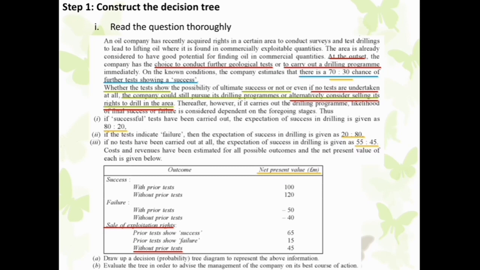So for the initial test, there is a 70-30 chance of success and failure that we have to write in the decision tree. And also the 80-20 percentage, and the 55 to 45% probability. These all we have to write appropriately in the decision tree. So we will see that while we construct the decision tree.